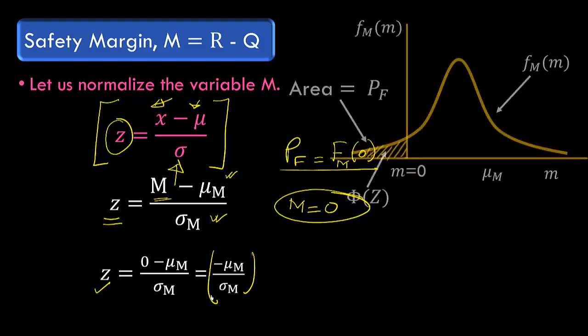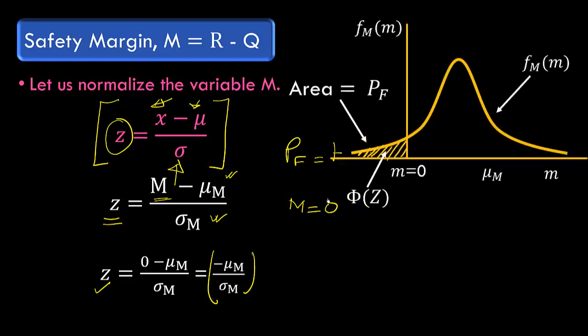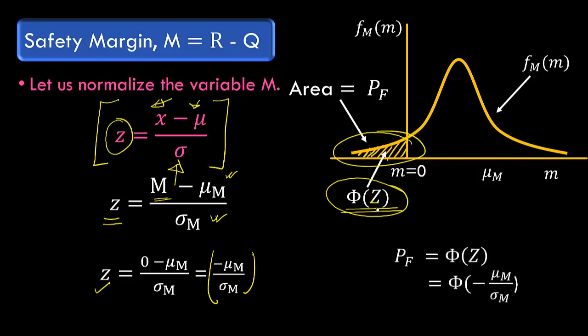And graphically this is illustrated here. If you see this graph, I am interested to calculate this area, and this area is from a standard normal distribution. Tables give you this value, that is phi Z. If you see any standard normal distribution table, that will give you this area, that is phi Z. In this case, Z will be minus mu M divided by sigma M. So phi Z is the probability of failure.